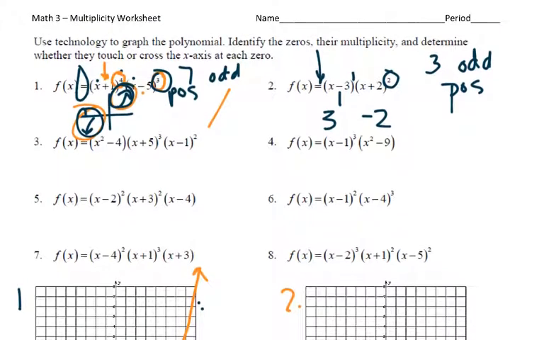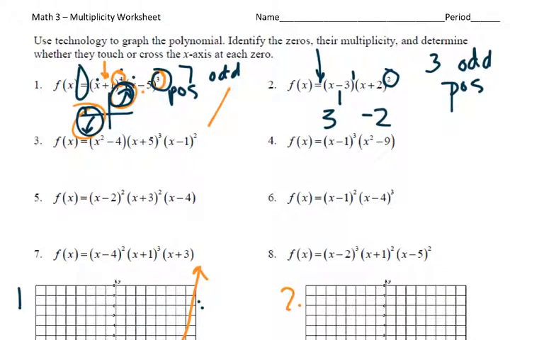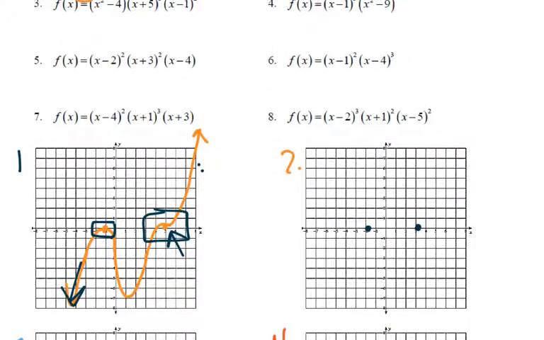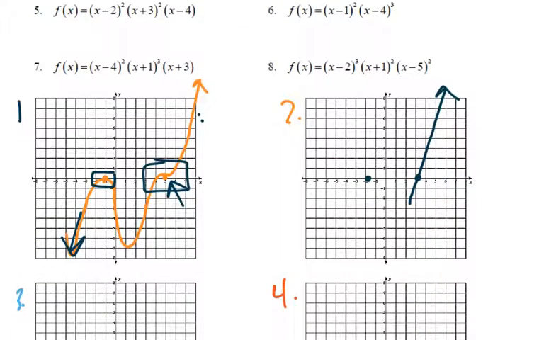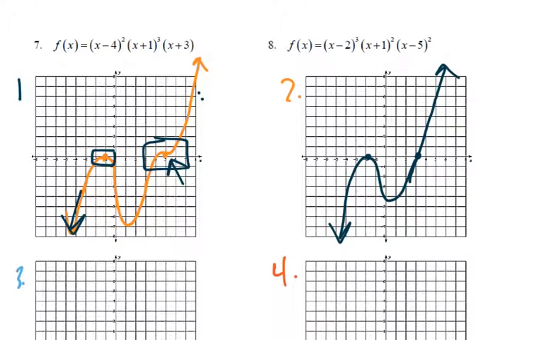My end behavior to the right is going to go up, and it's a 1 there, so it's going to cross through, so it's going to look something like that. Then to my left, it's going to go down, and it's a 2 here, so it's going to bounce. So it's going to come here and kind of look similar to that one, huh? Because they've got the same kind of idea going on here.